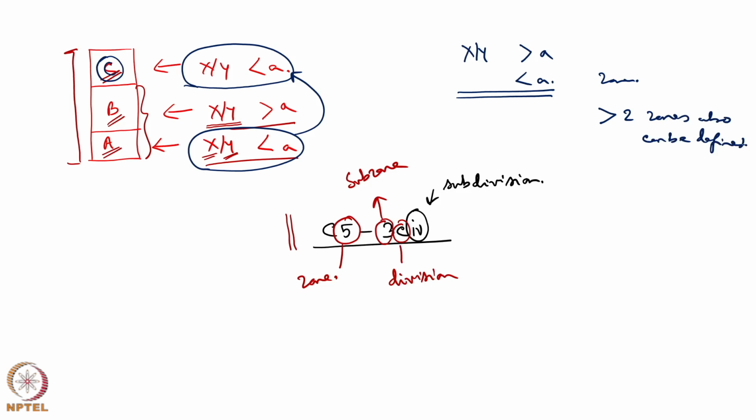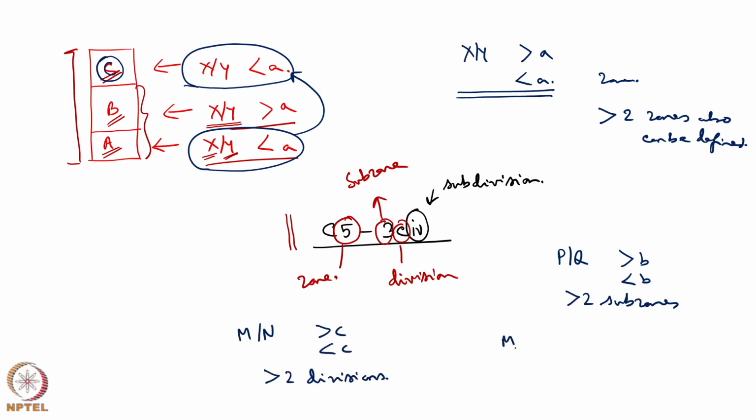And similarly, by using the ratio P is to Q, whether more than B or less than B, we can define more than two subzones. Similarly, with the M is to N elemental ratio, more than C or less than C, we can define more than two divisions, and taking the ratios M0 is to N0, the two elements, whether it is less than D or more than D, we can also define more than two subdivisions.